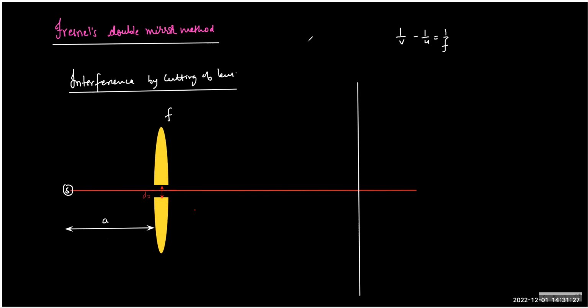So this V will have some value which you can solve. So we keep A bigger than F to get the real image.